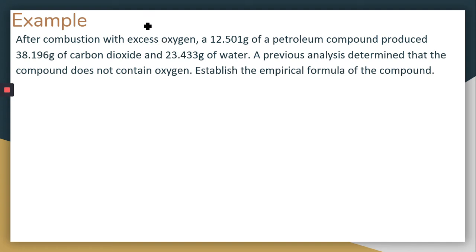So we have the petroleum, and it's reacting with excess oxygen, and since it's a combustion, it's going to form CO2 and water. So what this is telling you is that the carbon from the petroleum is going into the carbon dioxide, and all of the hydrogen in water came from the petroleum. So all of the carbon and all of the hydrogen are coming from the petroleum.